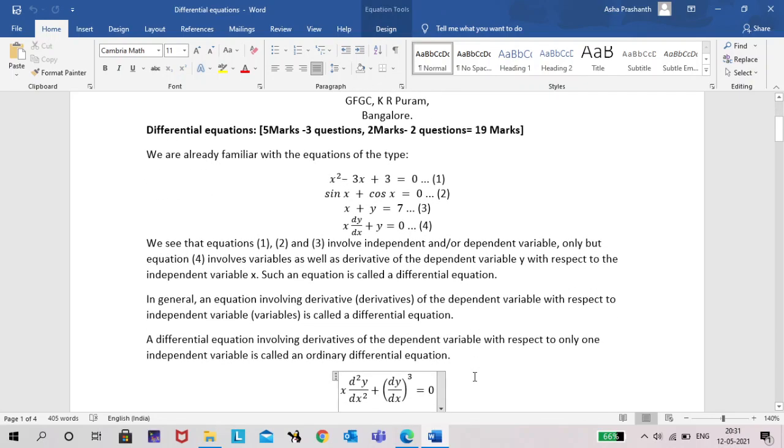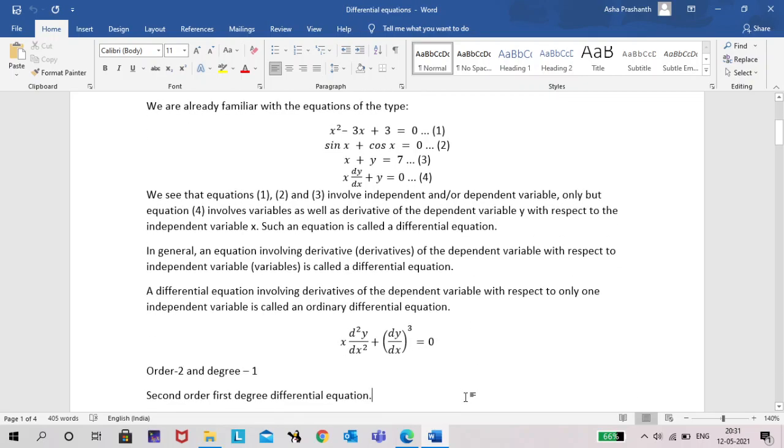I think all are familiar with the order and degree of differential equations, right? What is the order and degree of a differential equation? Suppose I have given an example here. First we should find the order. dy by dx stands for first order, d square y by dx square stands for second order, d cube y by dx cube stands for third order, and so on.